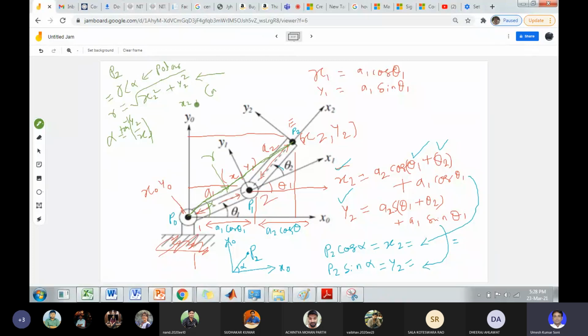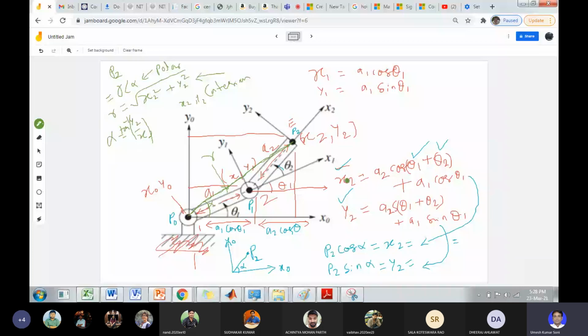If you define only x2 y2, then it is Cartesian. From the Cartesian you can define the point P2 in polar form. So alpha is tan inverse y2 upon x2 and r is equal to the square root of x2 squared plus y2 squared.